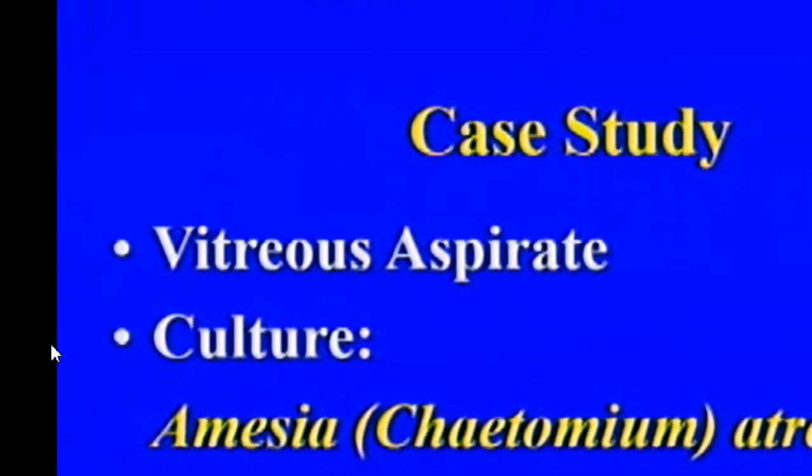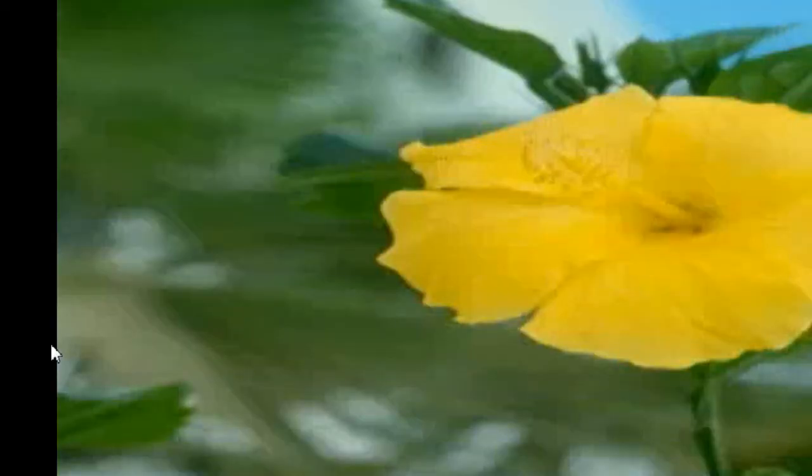And this is a CNS tropic fungus that loves the CNS, does not like to grow anywhere else. And it came from the central nervous system to the eye via the sheath of the optic nerve. Now, this is an iatrogenic form of an immunocompromised patient.